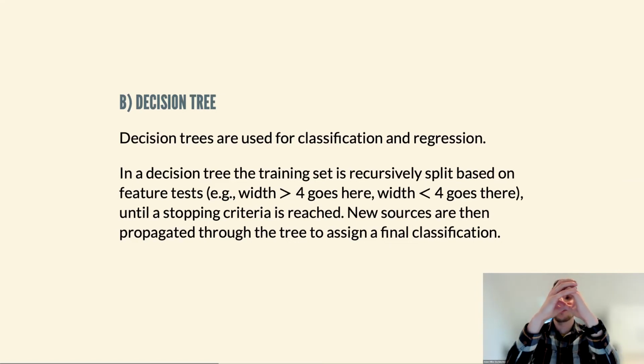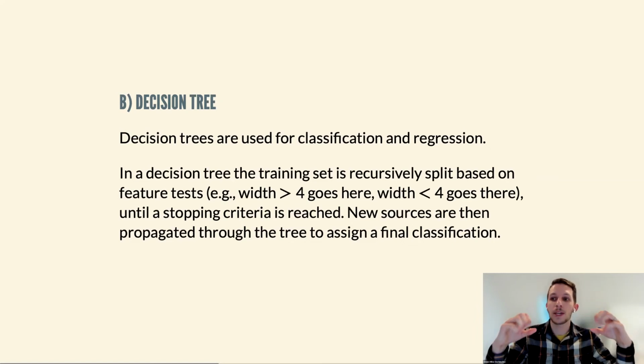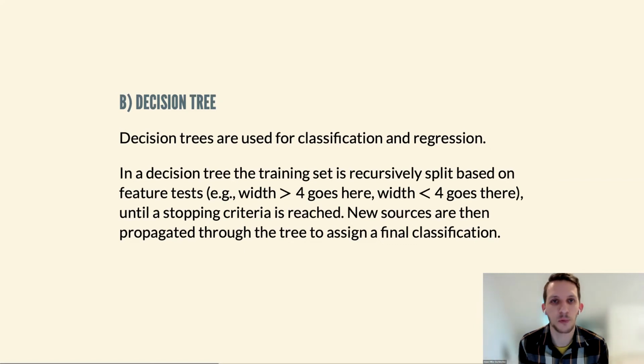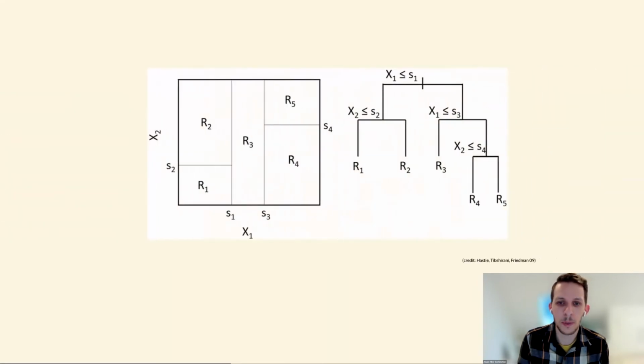So everything with a width greater than 4 goes over here in our tree. Everything with a width less than 4 goes over here. And then we keep splitting recursively until you reach some pre-specified stopping criteria. Any new source that you have can then be propagated through the decision tree in order to assign a final classification. Again, here's a quick image to illustrate how this works.